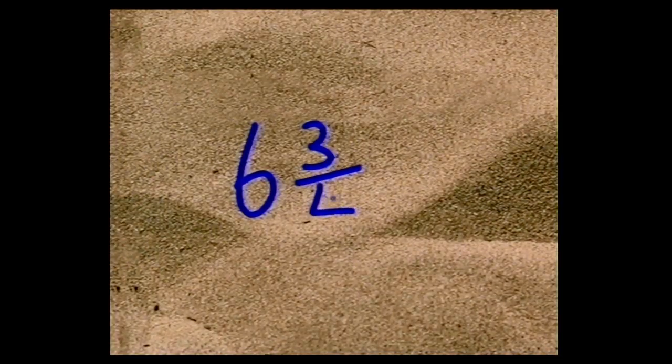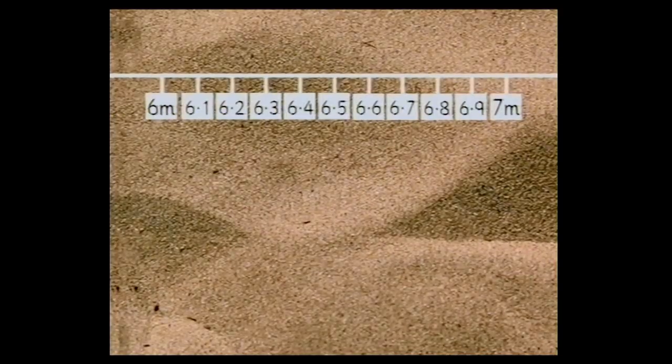Spoke too soon. Let's have a look at that first score again. It's 6 3/4 meters. Now, we know that that falls somewhere between 6 meters and 7 meters. So let's look at that part of the number line. And then we'll need the fraction wall.